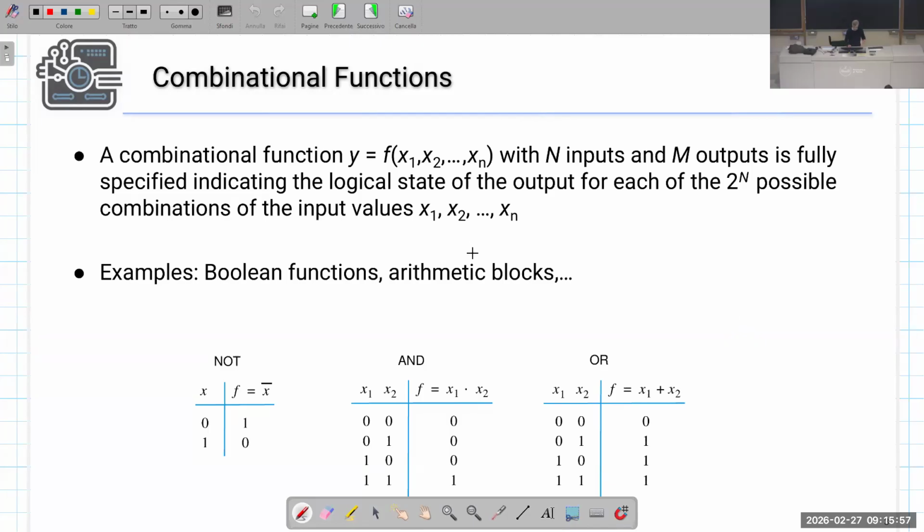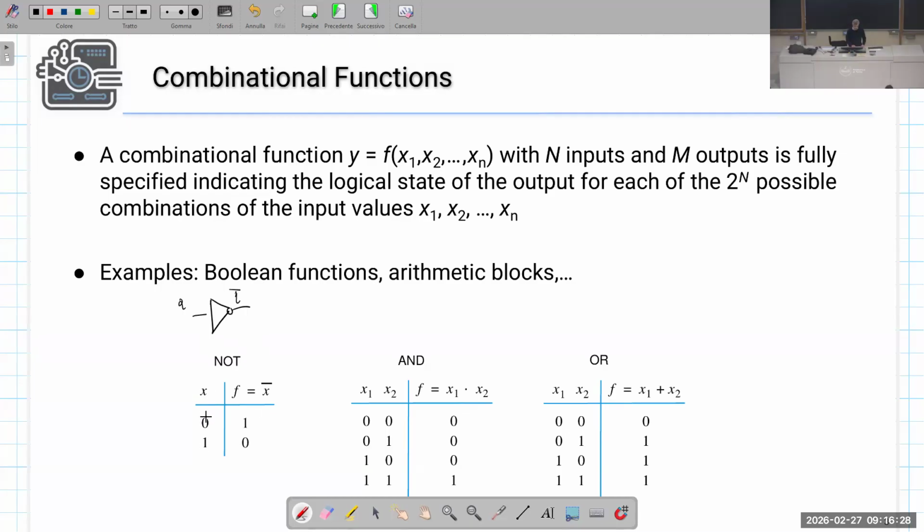In other words, if we have a combinational function with just one input, we have just two possible values of the input, 0 and 1, and we can specify the output, the function x not x depicted here, by specifying the value of the output, not x, for each possible value of the input.